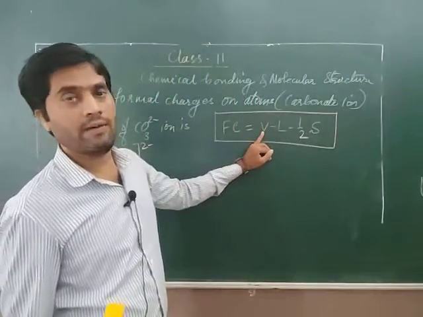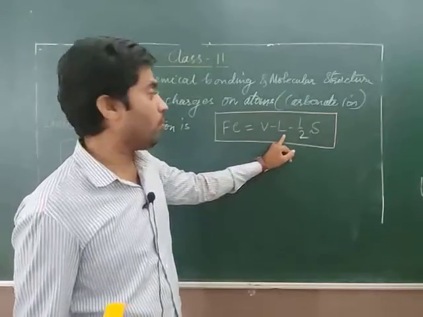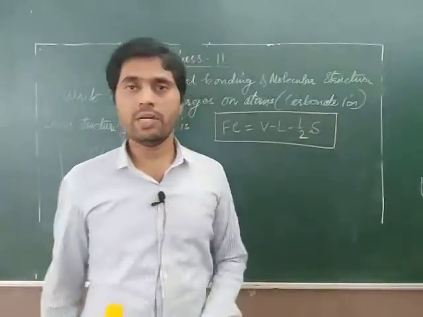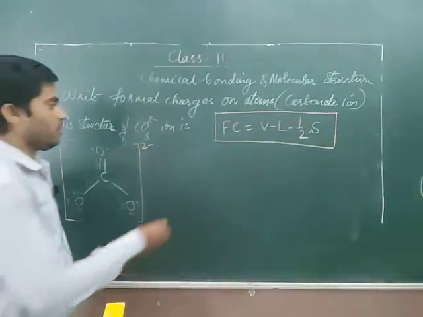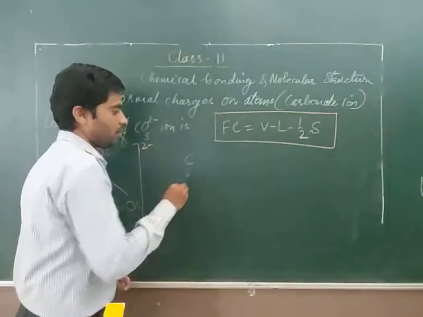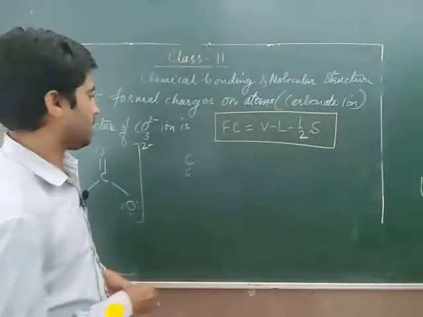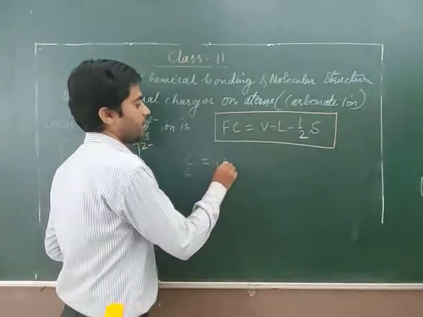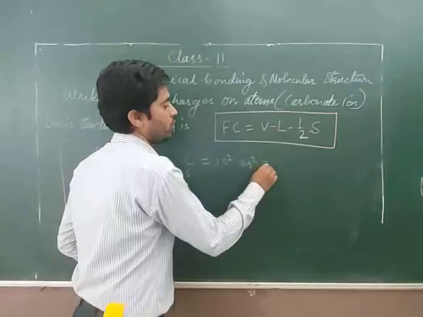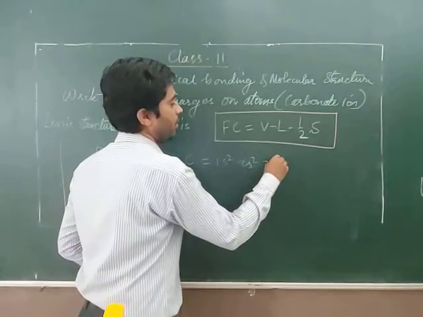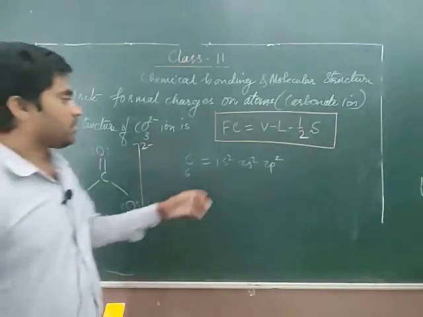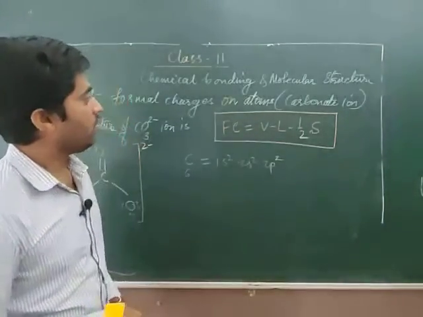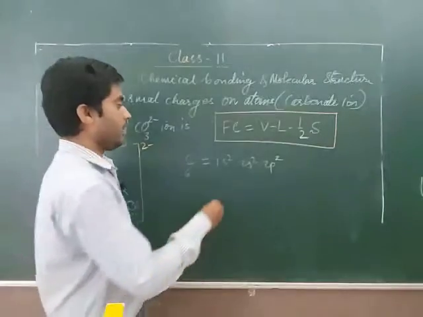V is the valence electrons, L is the lone pair electrons, and S is the shared electrons. Now the carbon atomic number is 6, and its electronic configuration is 1s2, 2s2 and 2p2. First we look at the valence electrons.